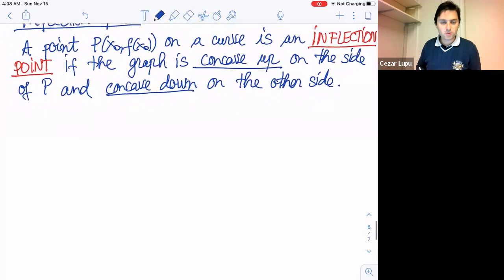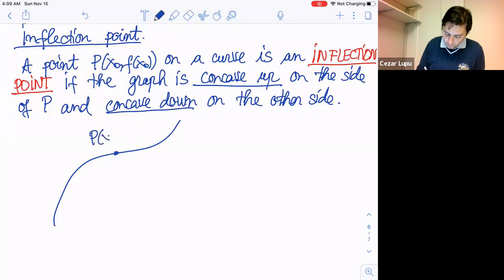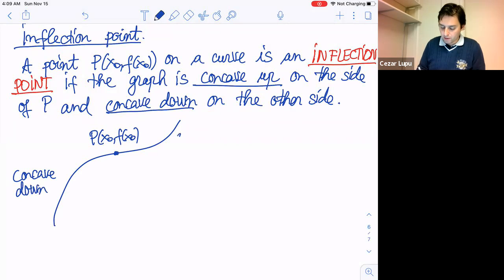In other words, let me just draw a picture so that you can see it better. Suppose I have a function that goes like this. Here I have the inflection point P of coordinates x naught, f of x naught, right? This portion here is concave down, and this portion here, starting from P, is concave up.